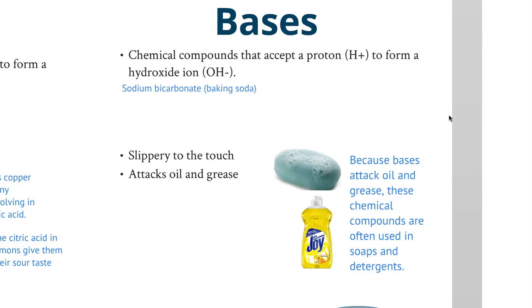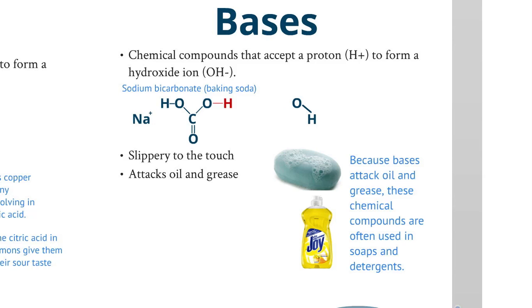Say we have sodium bicarbonate, baking soda. This is roughly what its structure looks like. Now, this is water, so if we put baking soda in an aqueous solution, pouring some baking soda in a cup of water, what's going to happen is the baking soda is going to gain a hydrogen.